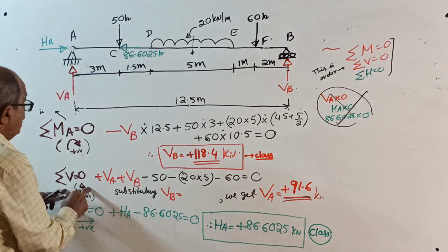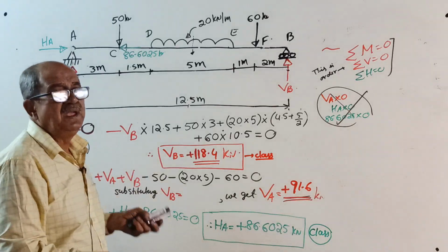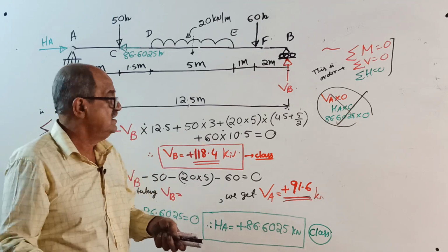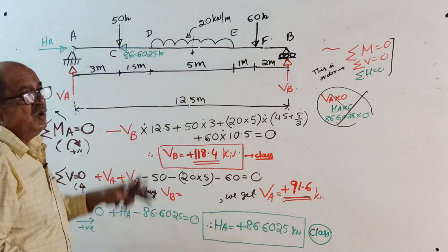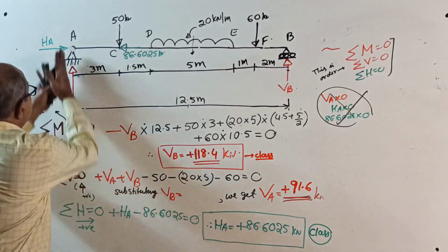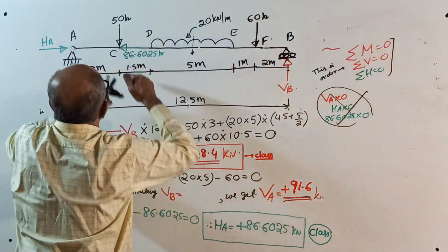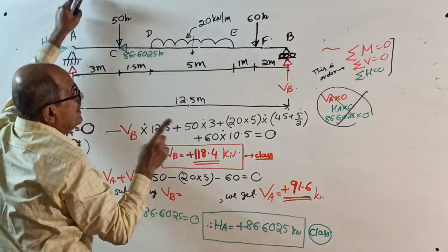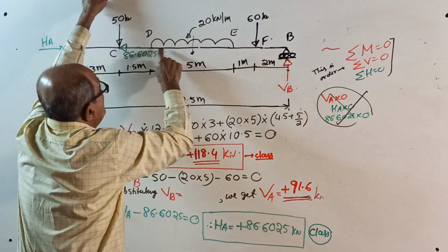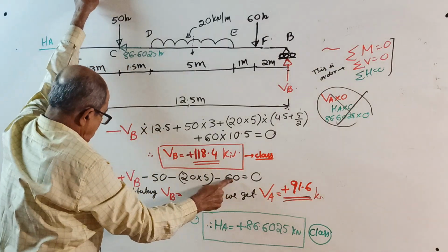Sigma V equal to 0, take upward positive. When you take sigma M equal to 0, it is force into distance. When you make sigma V equal to 0, only forces, no distance. So plus VA, upward positive, plus VB, minus 50, minus 20 into 5 is the total load, minus 60 equal to 0.